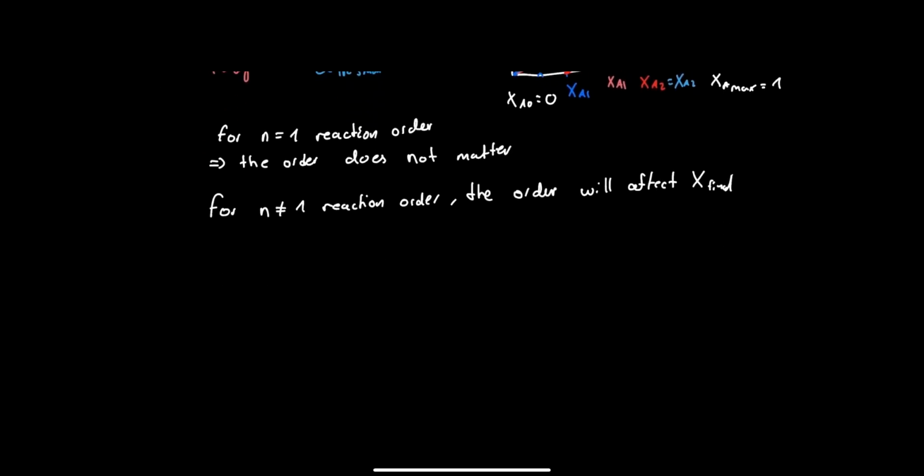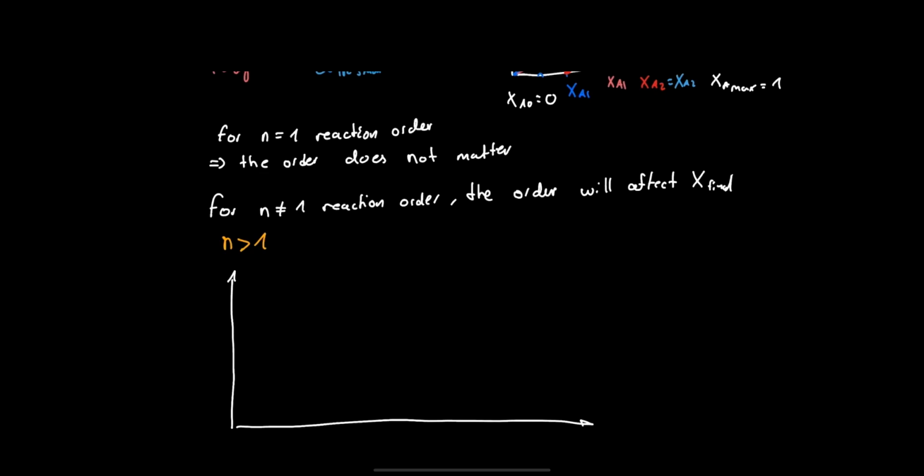So let's say our reaction order is bigger than 1. So here we have our negative RA on the y-axis and the conversion A on the x-axis. And the curve of the reaction will look like this.